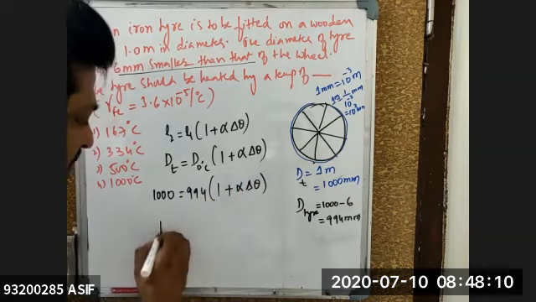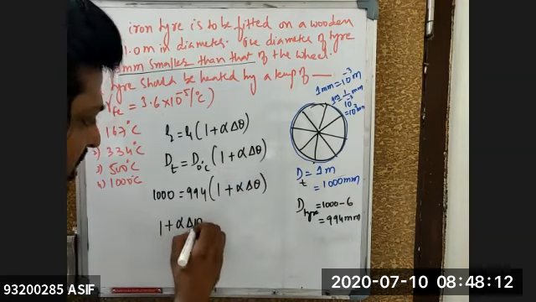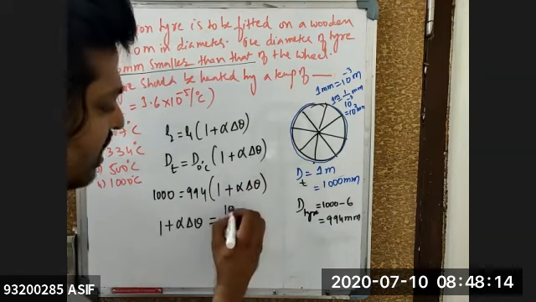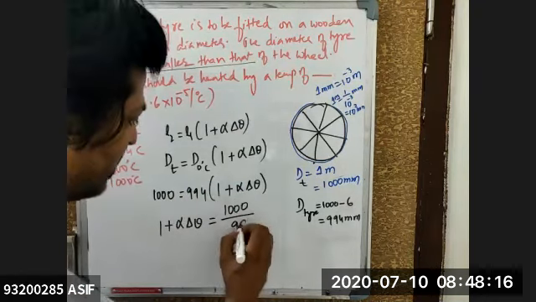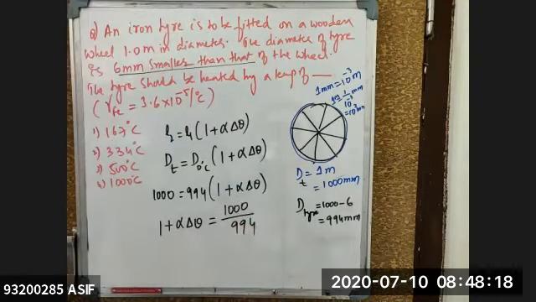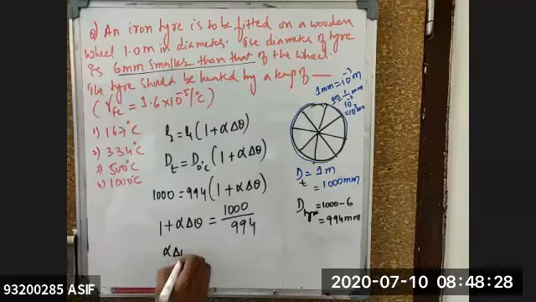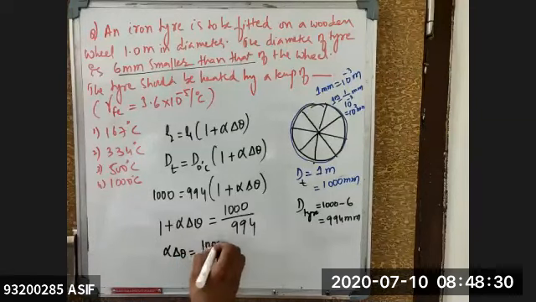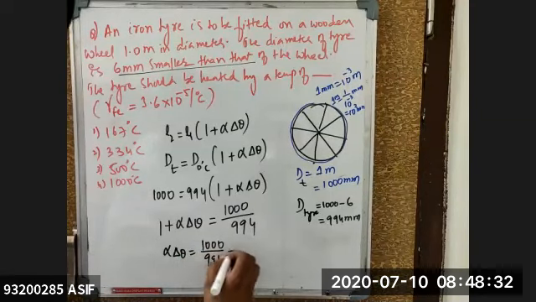So from this, 1 plus alpha into delta theta is equal to 1000 divided by 994. And then alpha into delta theta is equal to 1000 divided by 994 minus 1.